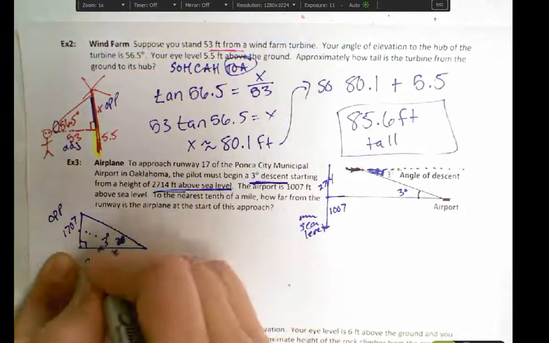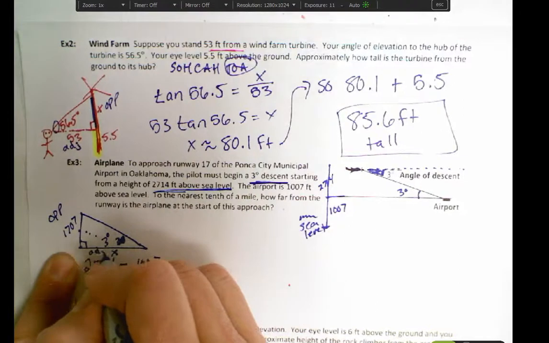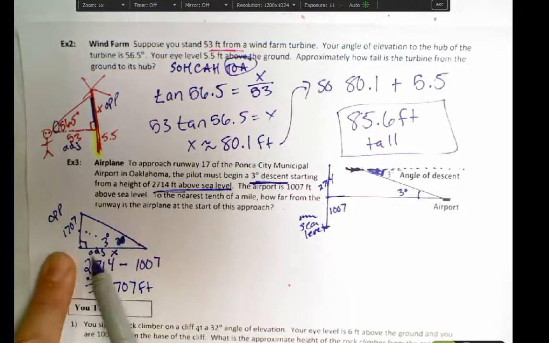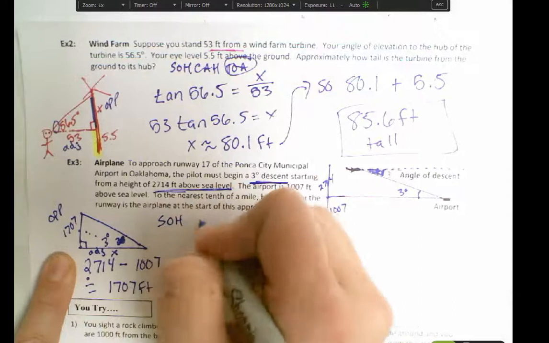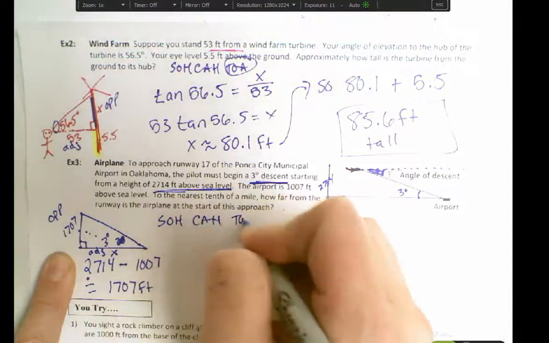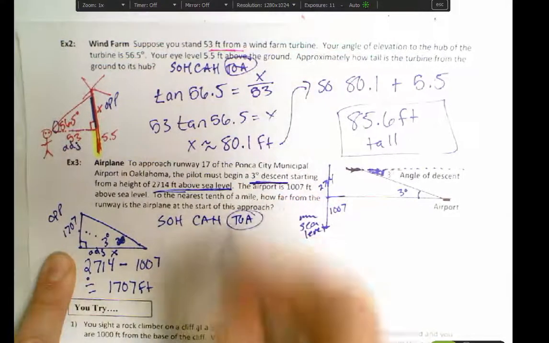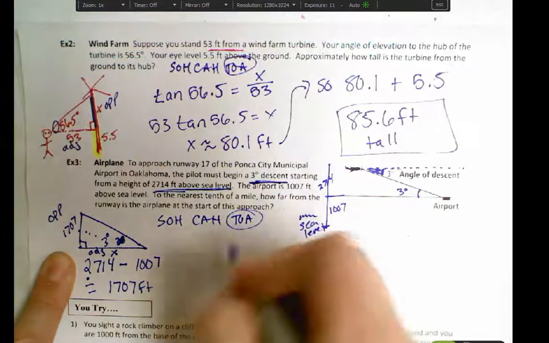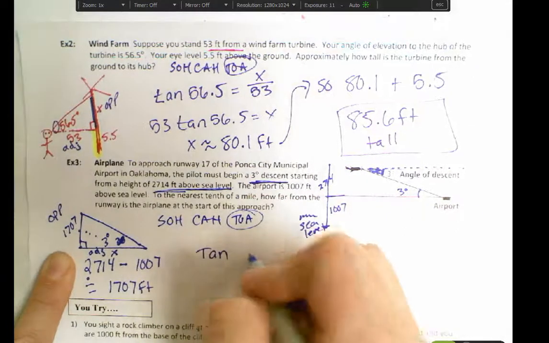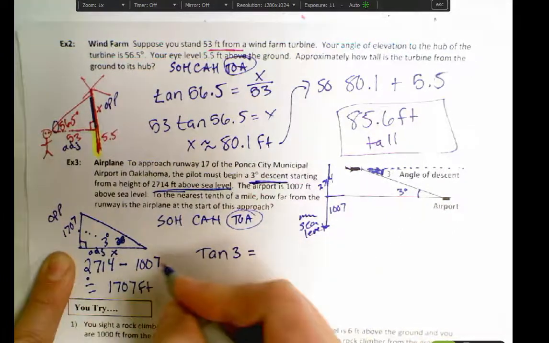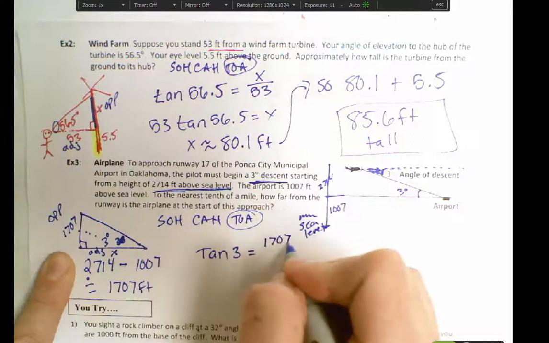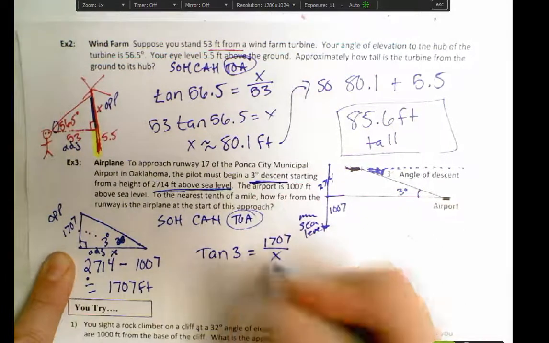This is right next to it. It's not the hypotenuse, so it's adjacent. Again, I have an O and an A. So if I'm looking at SOHCAHTOA, an O and an A is tangent. So the tangent of 3 is equal to the opposite, which is 1707, over the adjacent, which is x.